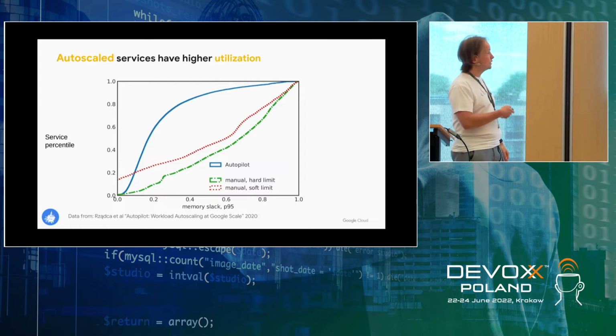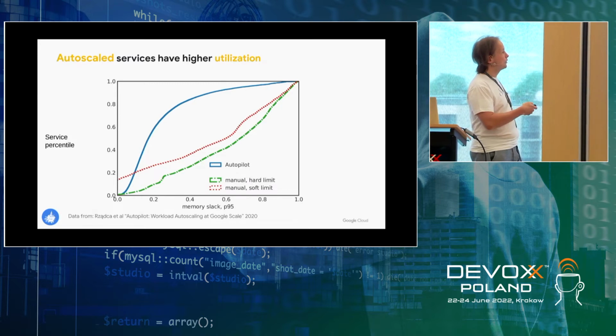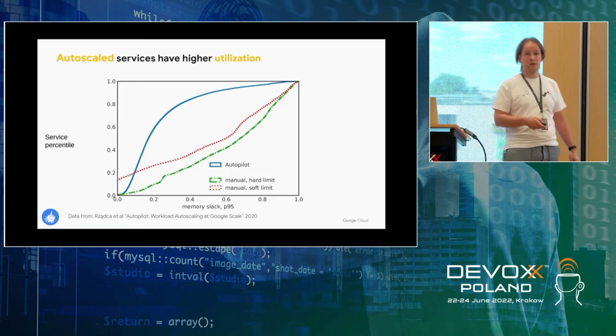The way to read this graph is that the median service that uses Autopilot memory scaling has slack smaller than 20%, but for non-autopiloted services it's more than 60%, or it was a couple of years ago.